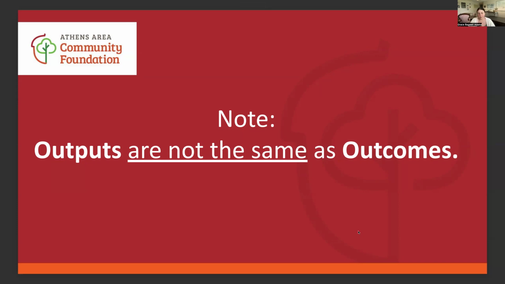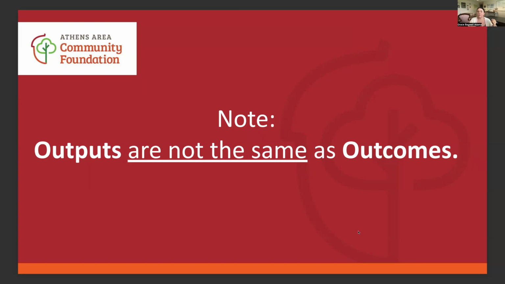And so you want to spend some intentional planning time thinking about this when you are creating a grant application, whether it's for the community foundation or for other entities. What you really want to do is make sure that you are saying, here are the outcomes I expect to change. Not just here's how many people I served.